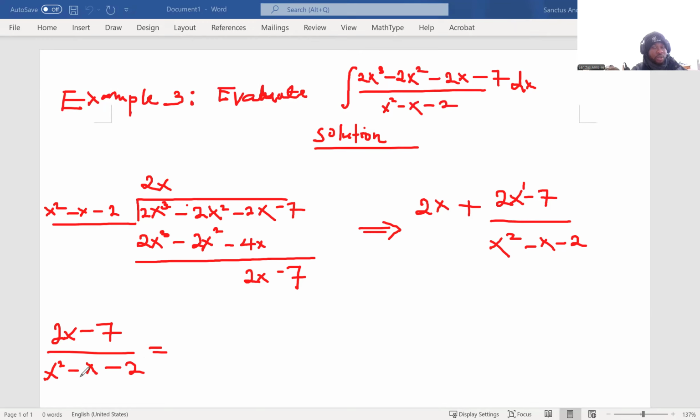What are those two numbers? Those two numbers are minus 2 and 1. So we'll have 2x minus 7 all over x minus 2 and x plus 1.